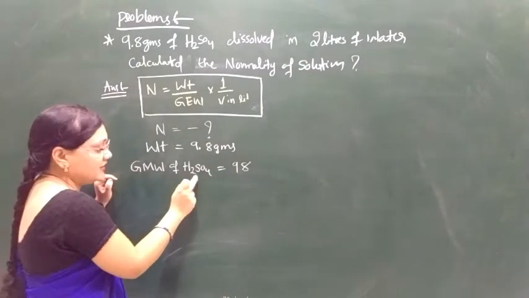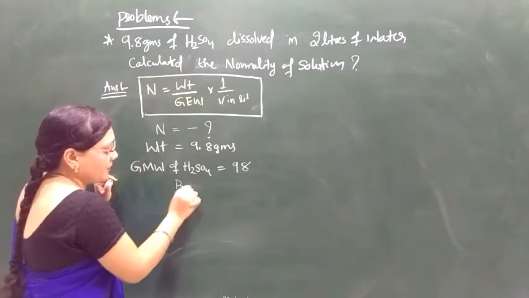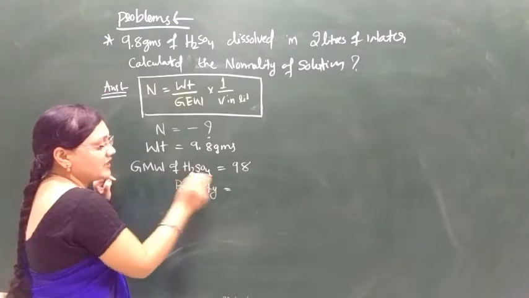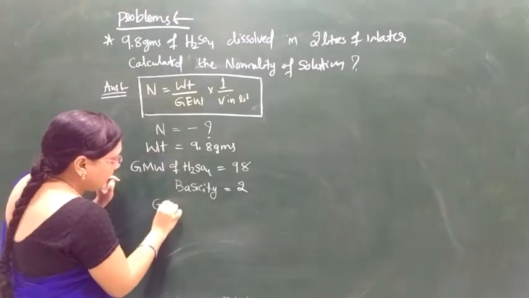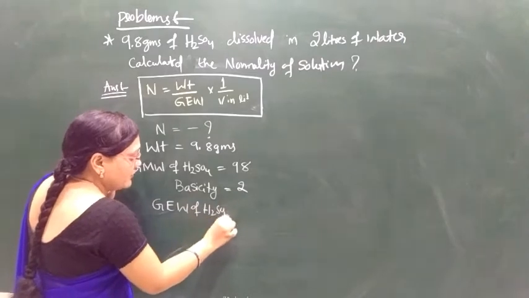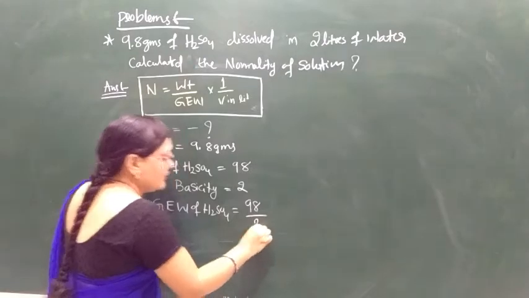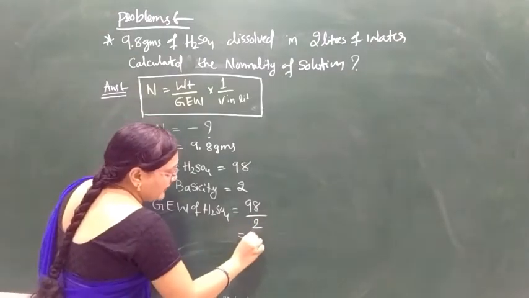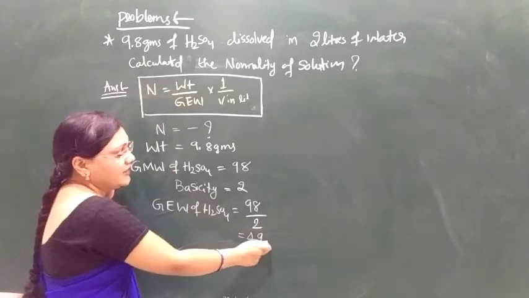For an acid, gram equivalent weight is molecular weight by basicity. How many hydrogens are there? 2 hydrogens. Then gram equivalent weight of H2SO4 equal to molecular weight by basicity, which is 49.